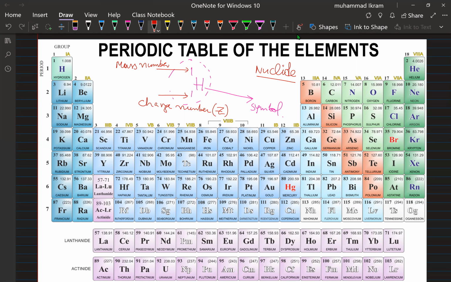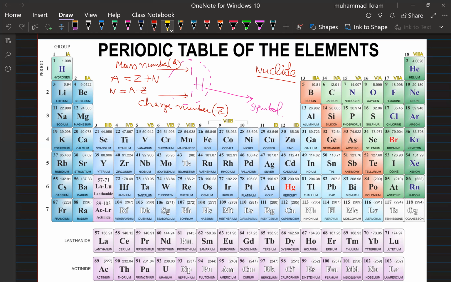Mass number is the number of nucleons together in the nucleus, and mass number is denoted by A. Mass number is the sum of the charge number and the neutron number inside the nucleus. So the number of neutrons in the nucleus will be A minus Z.